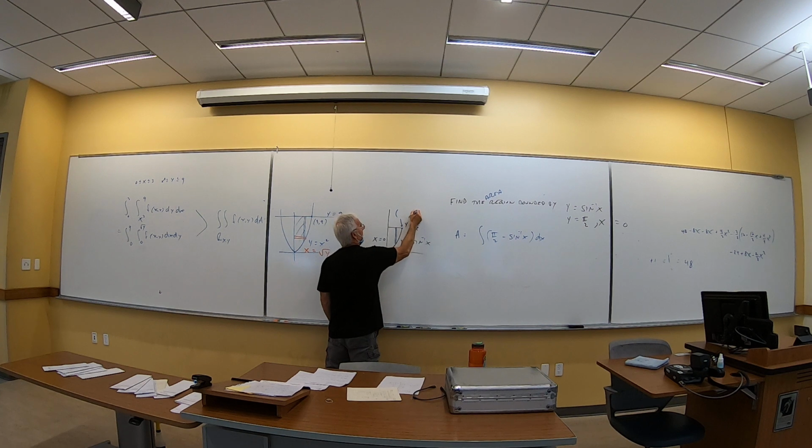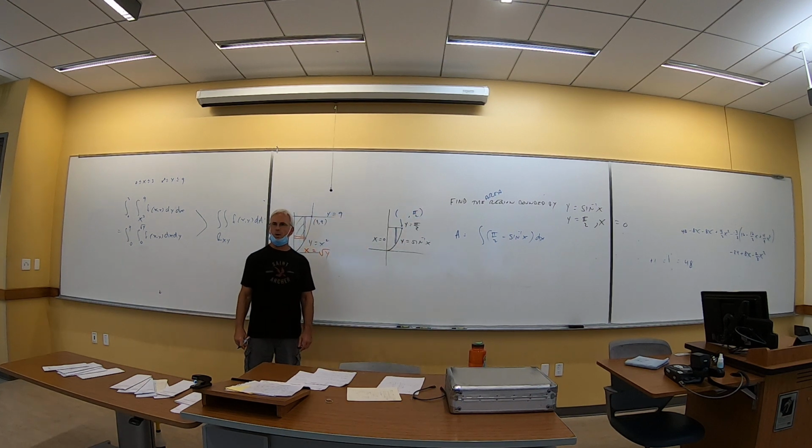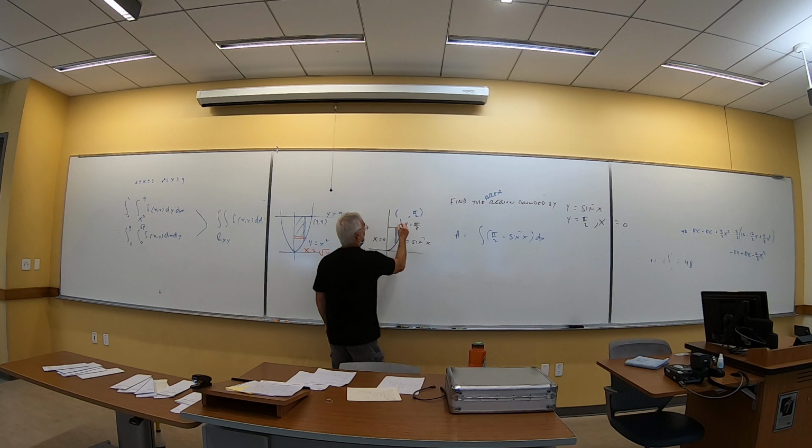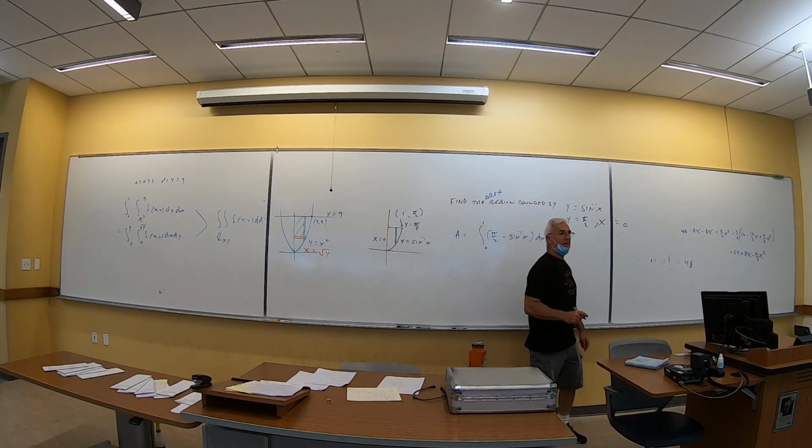Well, I know the y value is pi over 2. Inverse sine of what gives pi over 2? 1, because the sine of pi over 2 equals 1. So that's (1, pi over 2). That makes it easy. Okay, great. Piece of cake.